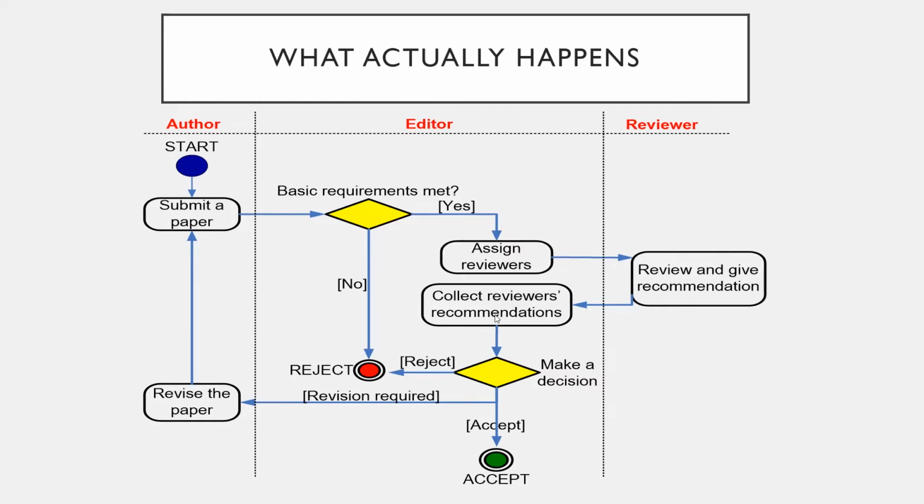The editor will collect the reviewer comments or recommendations and will decide, because the editor is the person who takes the decisions, not the reviewer. The reviewer is just reading the paper and making comments and corrections on your paper.